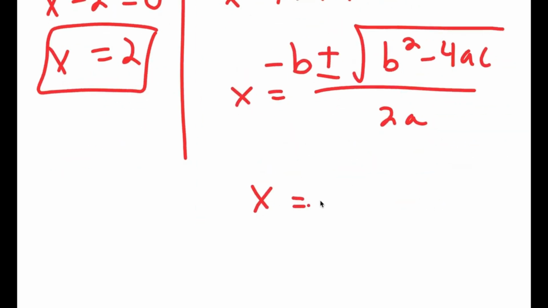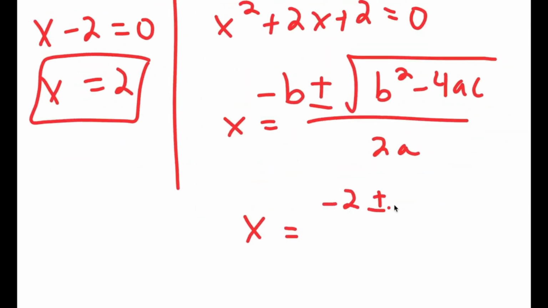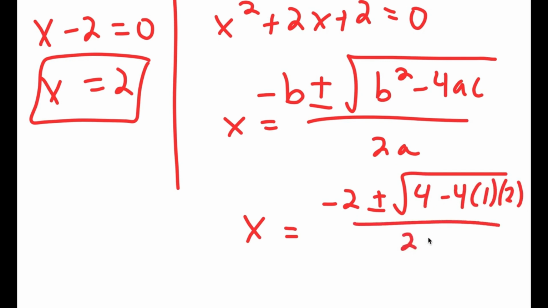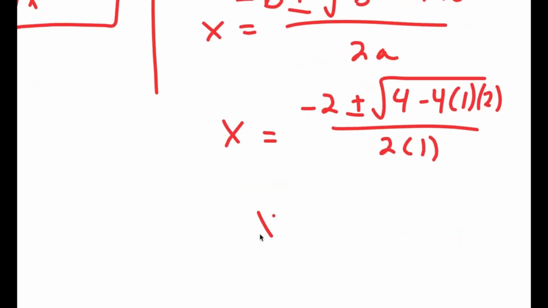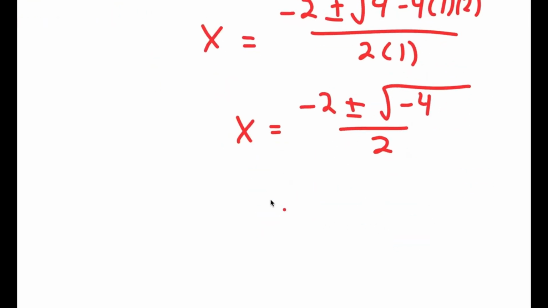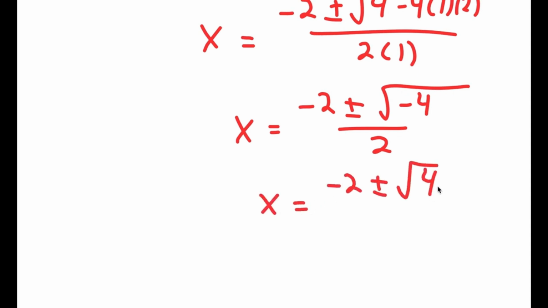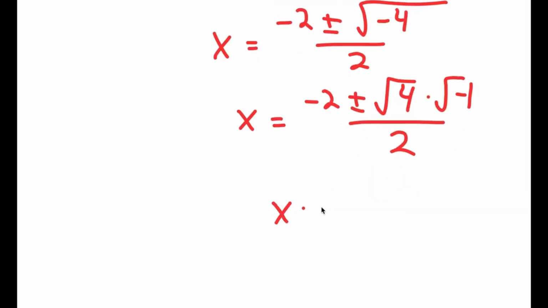So I get x is equal to negative 2 plus or minus the square root of 2 squared, which is 4, minus 4 times a, which is 1, times c, which is 2, all over 2a, so 2 times 1. And now this is equal to negative 2 plus or minus the square root of 4 minus 8, which is negative 4, over 2, which is equal to negative 2 plus or minus the square root of 4 times negative 1 over 2, which is equal to negative 2 plus or minus 2i.